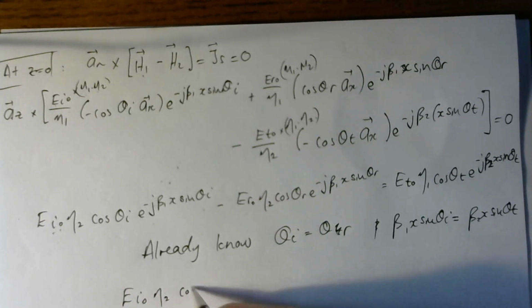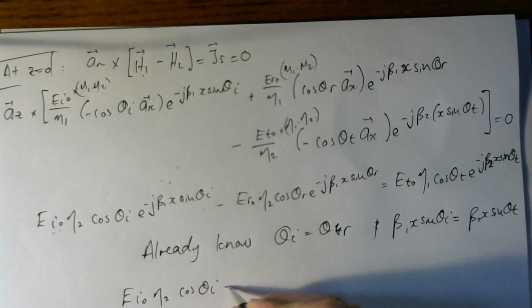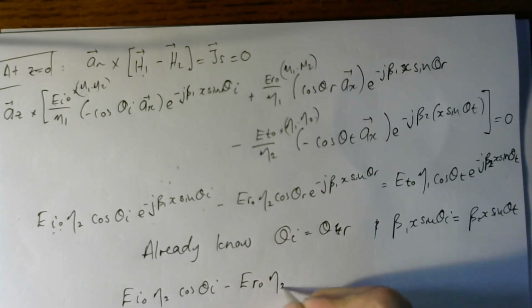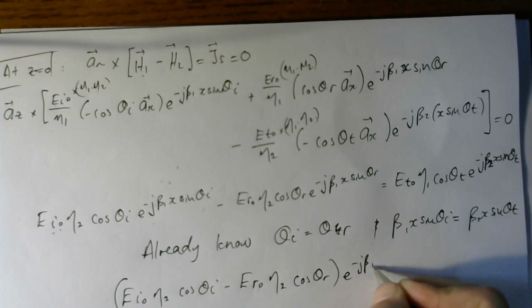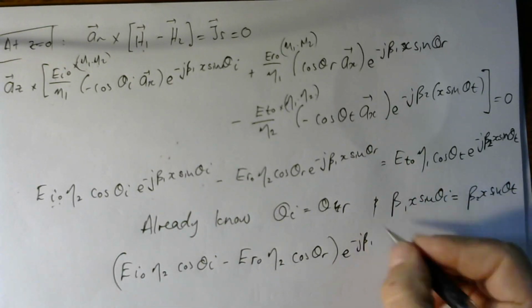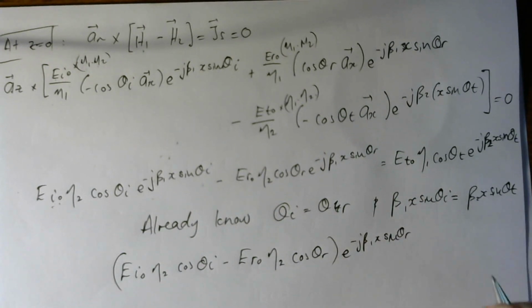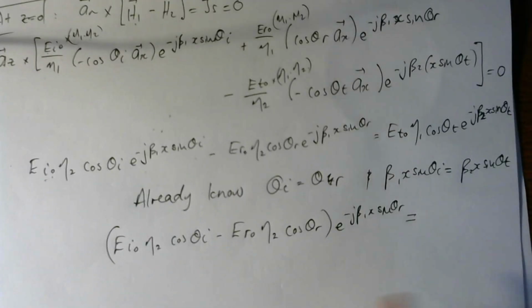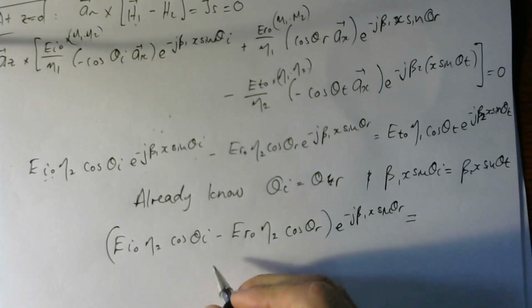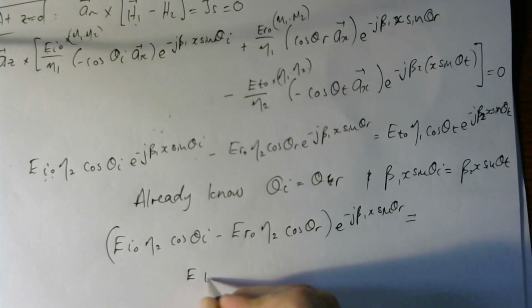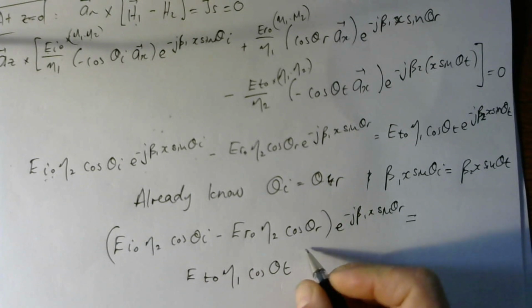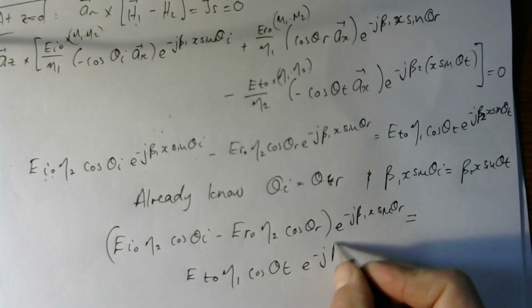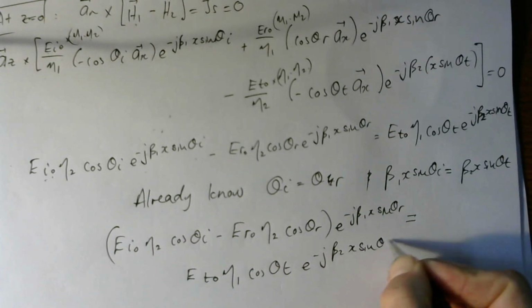EI0 eta 2 cos theta I minus ER0 eta 2 cos theta R e to the minus j beta 1 x sine theta R is equal to, I'm going to write the second part over here, ET0 eta 1 cos theta t e to the minus j beta 2 x sine theta t.